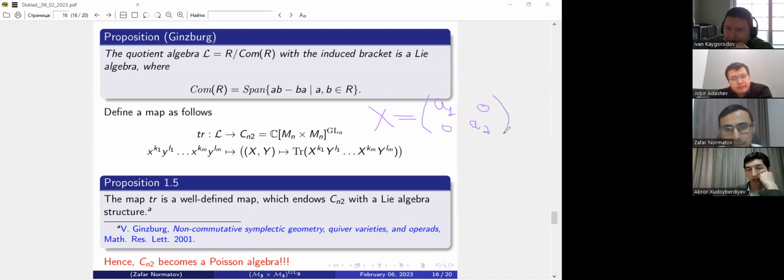This is the X. And A1 is an arbitrary element from the basic field.